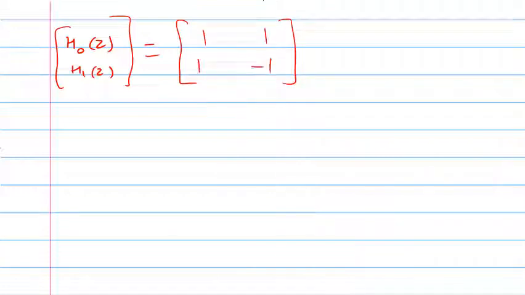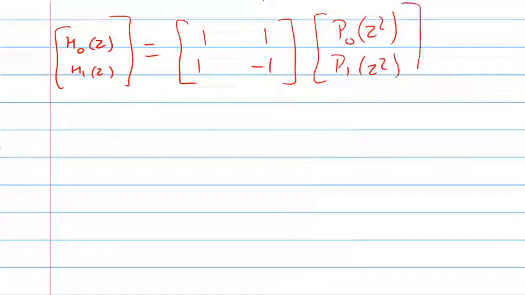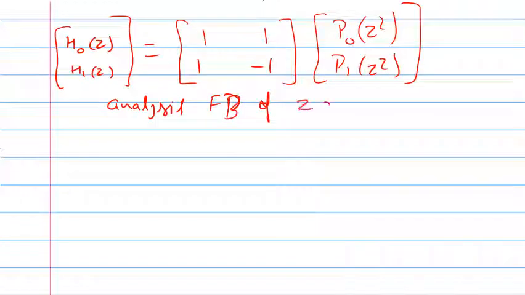This is the column matrix, which is equal to the matrix [1 1; 1 −1] times the column of P0(z²) and P1(z²). That is basically the analysis filter bank in two-phase representation.